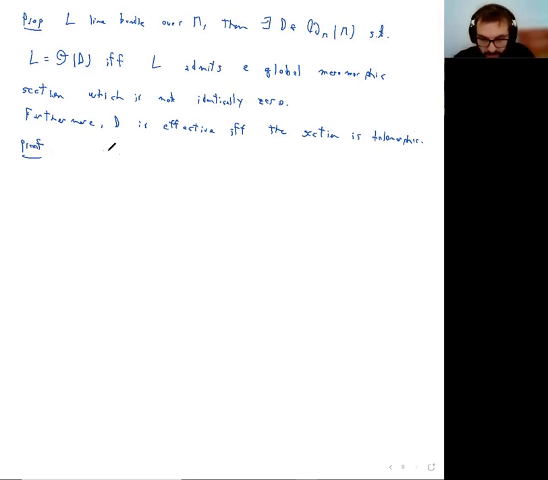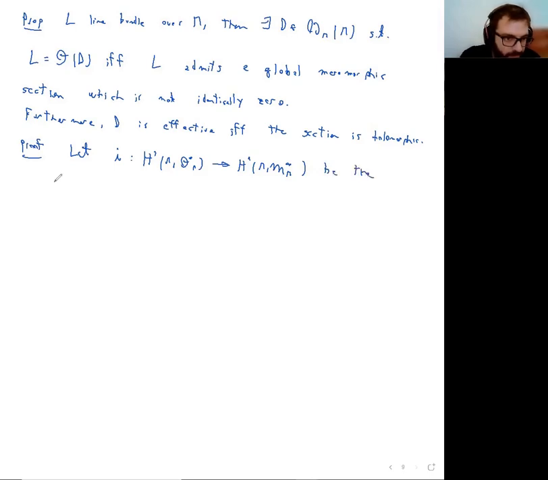Proof. We have the inclusion of non-zero holomorphic functions into non-zero meromorphic functions. This induces a map in cohomology, which is not necessarily injective anymore.